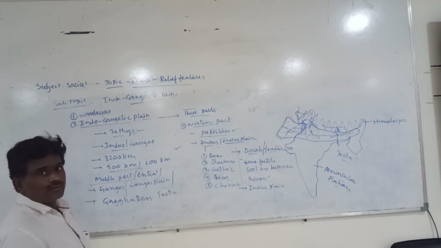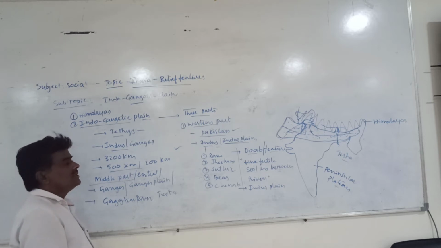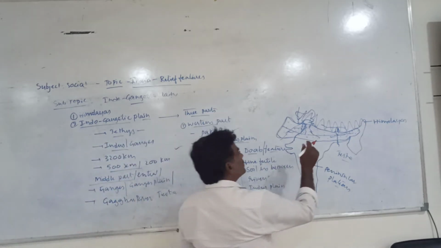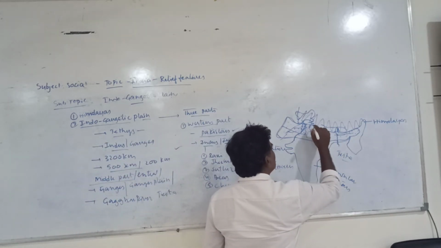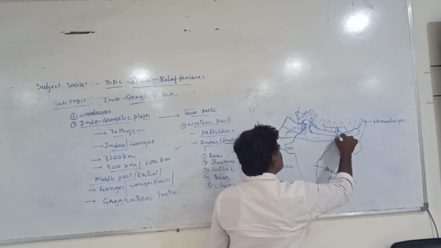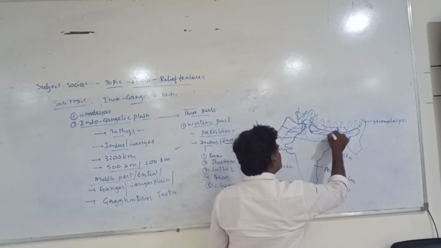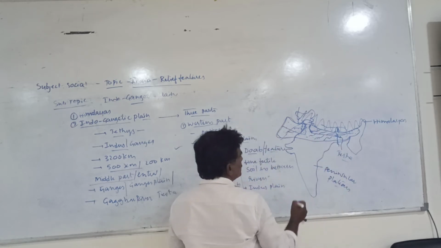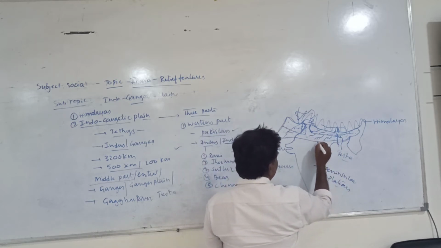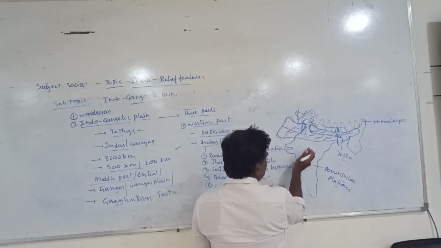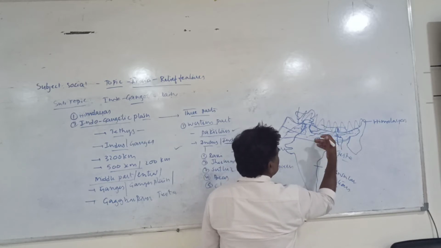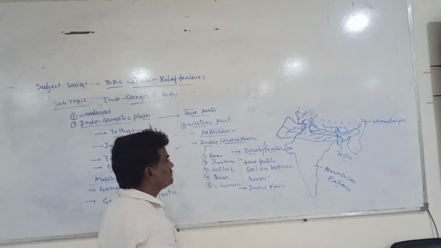So we can see that this is about the Ganges, like Ganges is going like this, and this side also we have some streams, and this side also we have some streams. You mean that tributaries. This side also some tributaries. From this region to that the northern side they are moving, right?